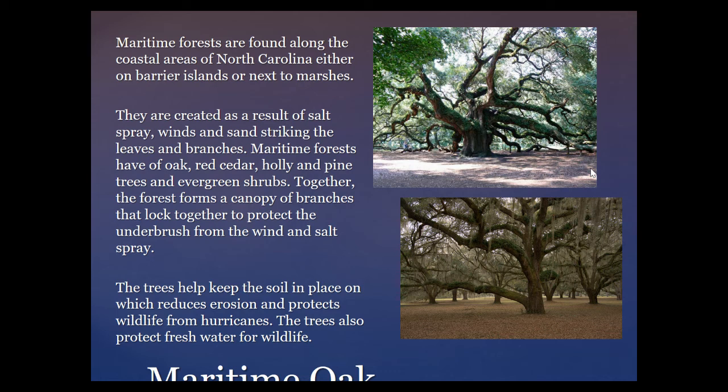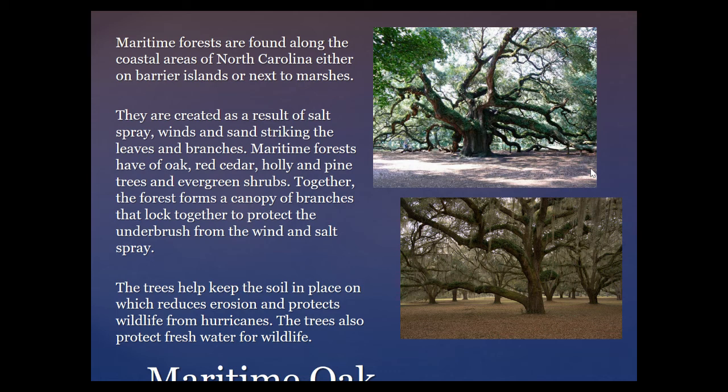So if it's really windy, the soil might erode, or the soil might get picked up and move somewhere else. And so these canopies, or these forests, are really important because they help keep the soil where it is. And that soil is important for the trees and the other plants that grow, but soil is also important because animals live there. And if the soil moves too much, it can create other problems.